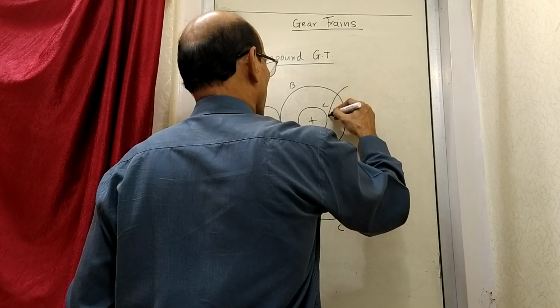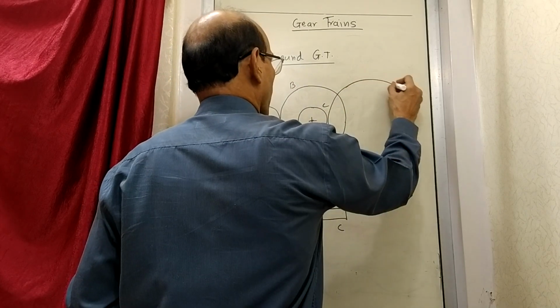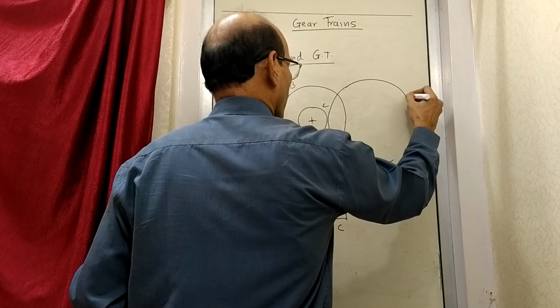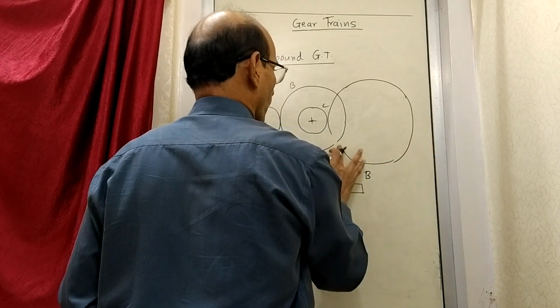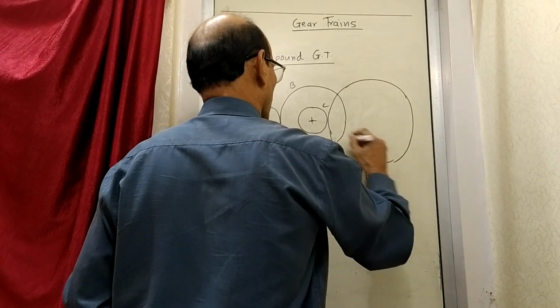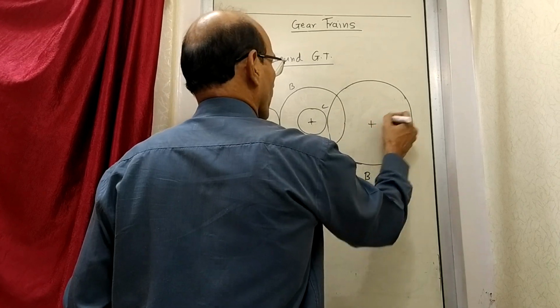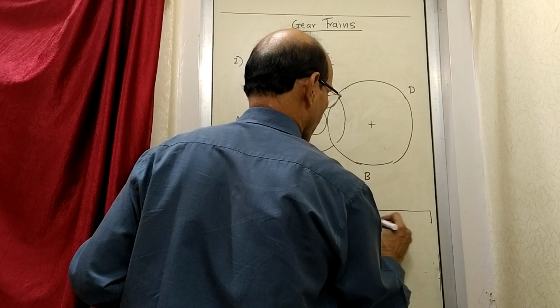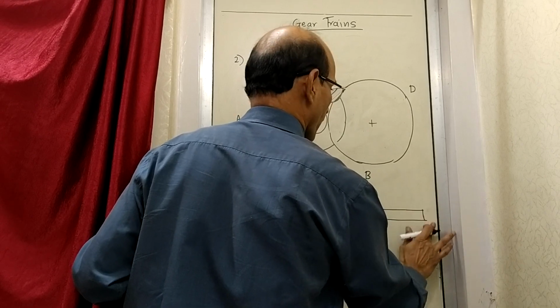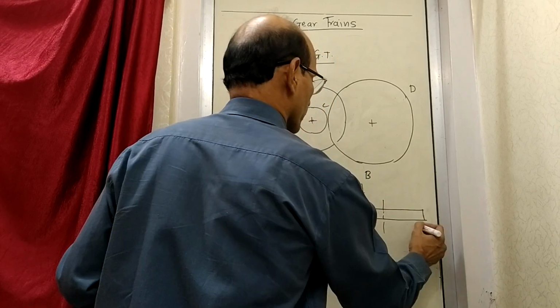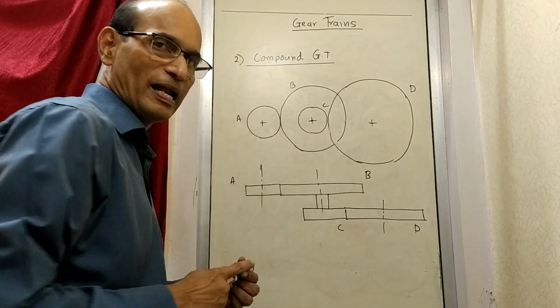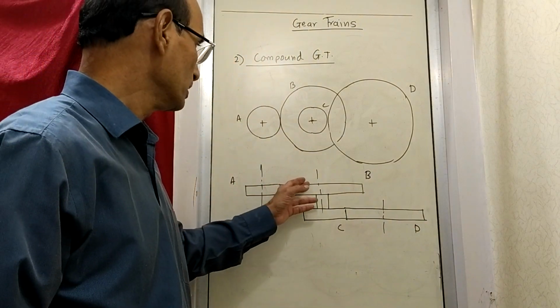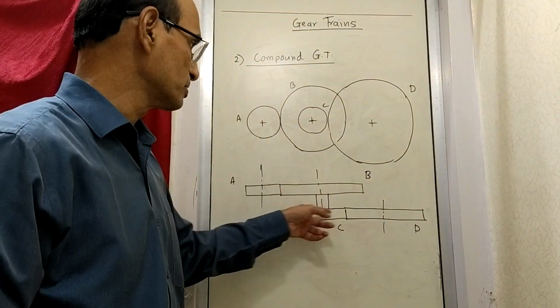That is D, which we will draw here. So now you can see the arrangement: A to B, B and C are combined, and then C to D.